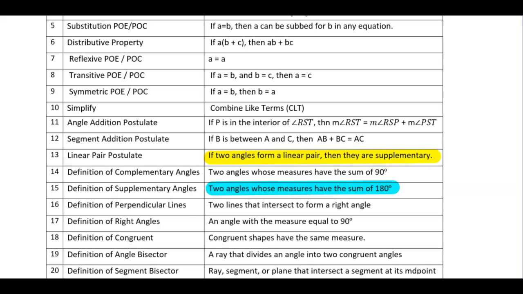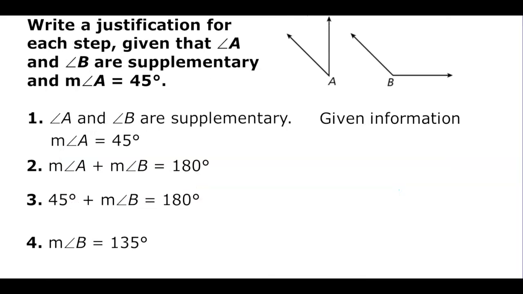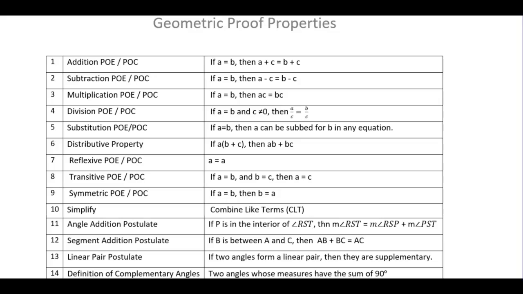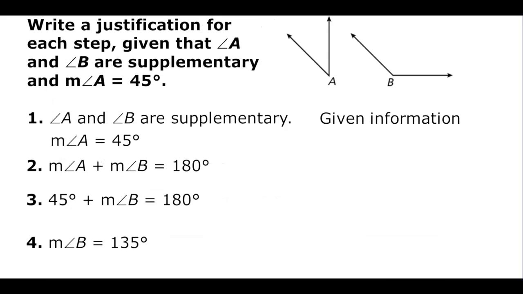So by using these two lines, the linear pair postulate and the definition of supplementary angles, we can show that if it is a linear pair, then it's going to sum to 180 degrees if you puzzle those two together.